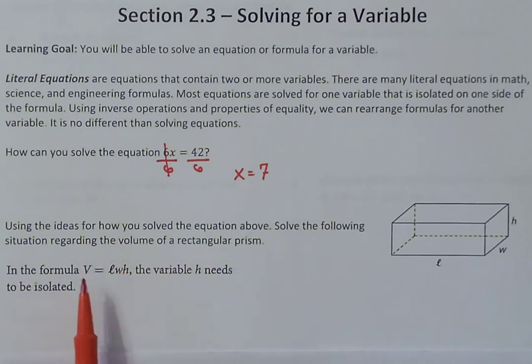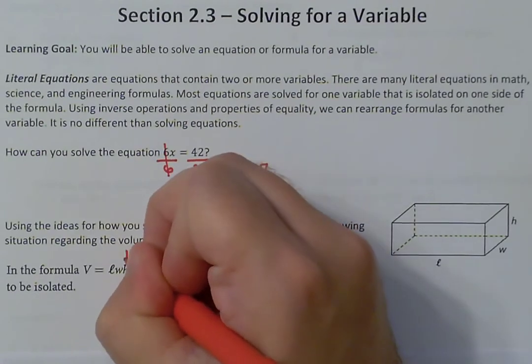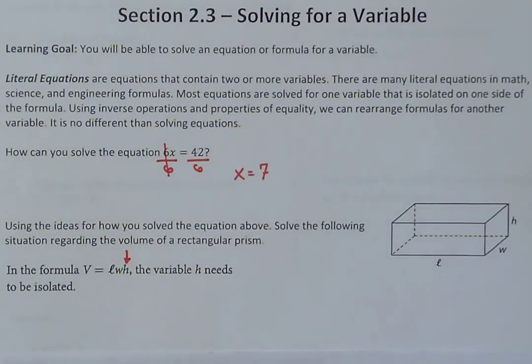In the formula, volume equals length times width times height. The variable h needs to be isolated, meaning I need to get h alone. So I need to go through and solve for h. So my end result, we should have h equals something, and that's what we are looking for.